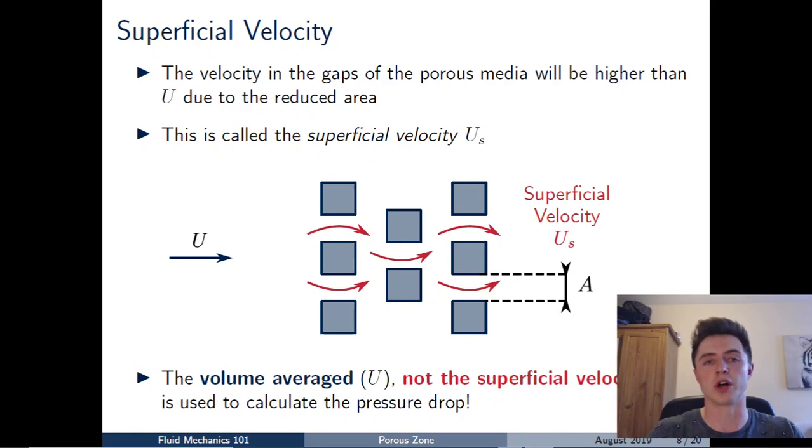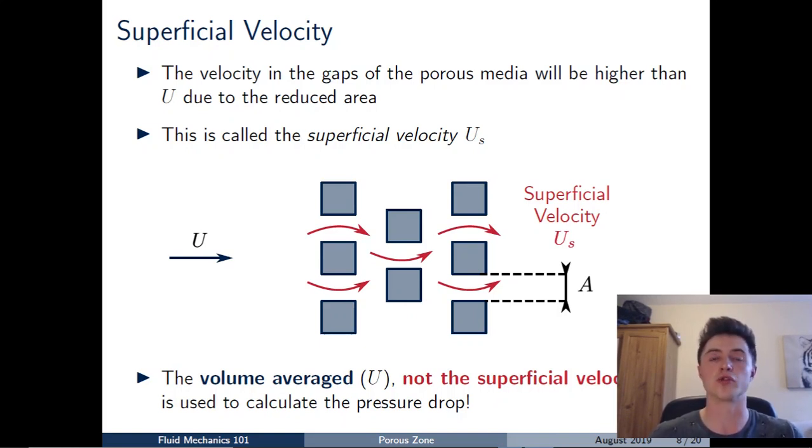It's also worth noting that the velocity we choose is not the superficial velocity. Now, to understand what the superficial velocity is, what you need to do is zoom in and think of the flow between the gaps in that porous obstruction, as you can see there in the diagram. The flow will approach the porous obstruction with a velocity u, and now between the gaps, because the area is reduced, the velocity will increase locally.